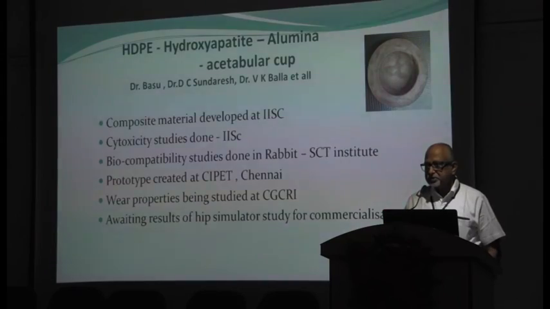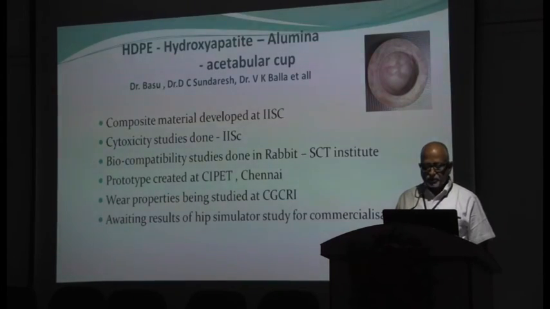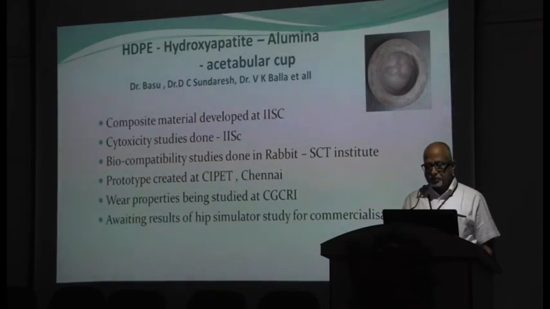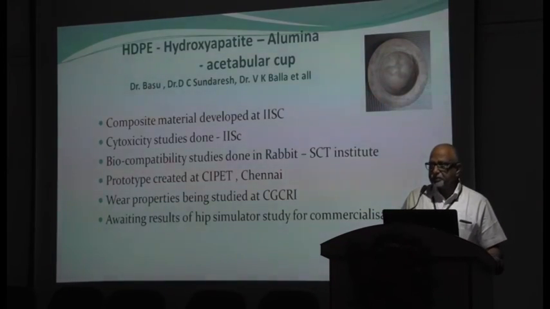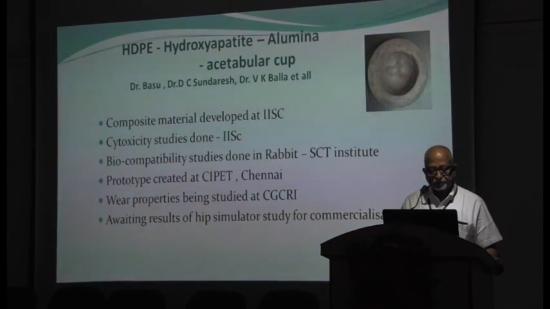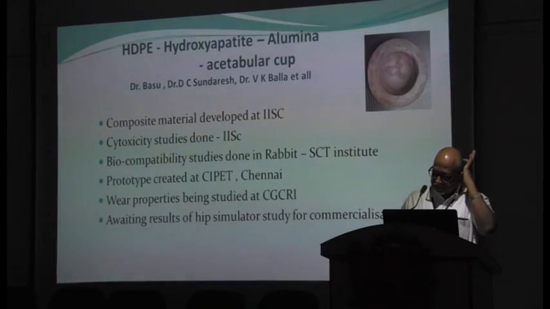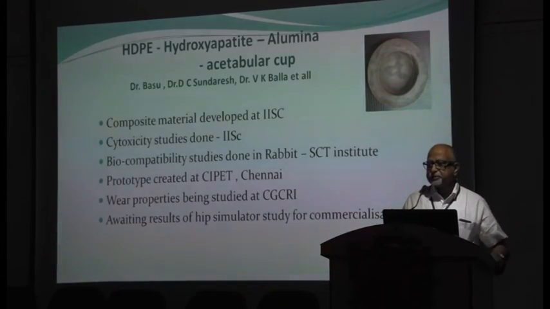The cytotoxicity study was done at the Indian Institute of Science, and then the biocompatibility was done at the Sri Chitra Tirunal at Trivandrum. And the prototype was created by compression molding at the CPET, that is the Central Institute of Plastic Engineering and Technology at Chennai. And now it is undergoing a trial of wear properties at the CGCRI, which is the Central Glass and Ceramic Research Institute at Calcutta.